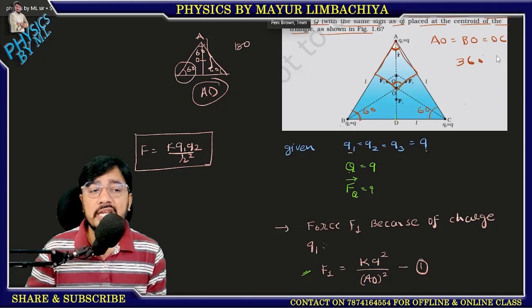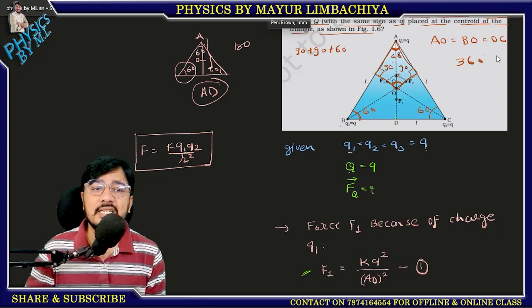We already know that this is a 60 angle. This will be 90 angle, and this will be 90 angle. So what will be the angle of this?